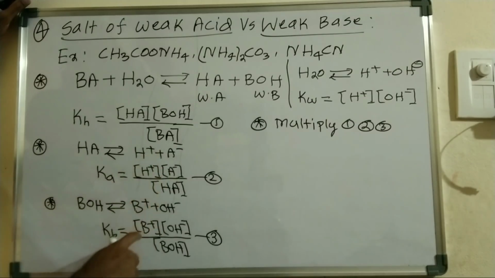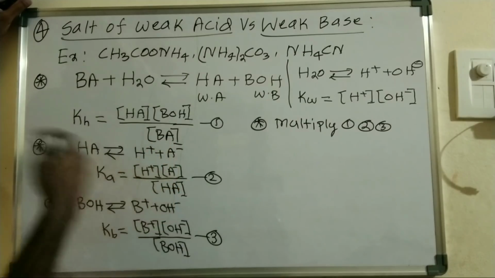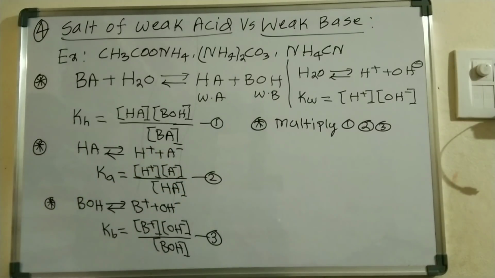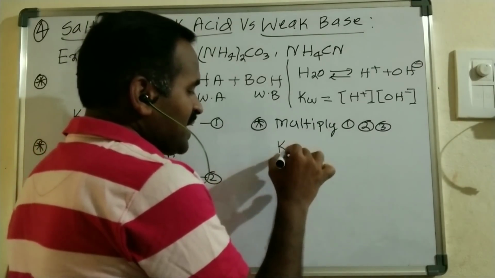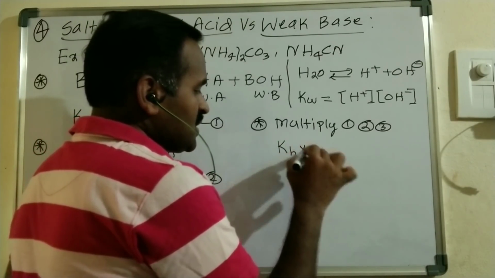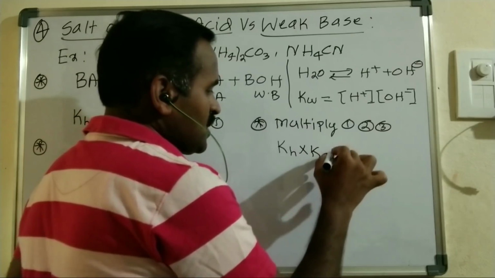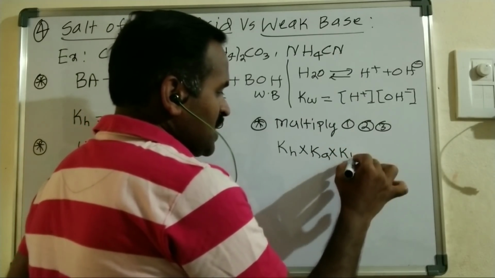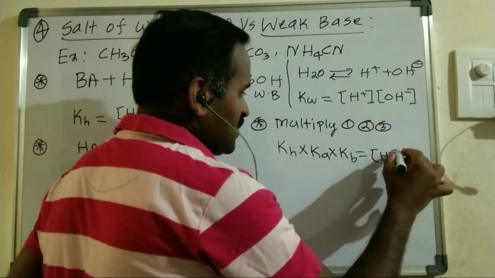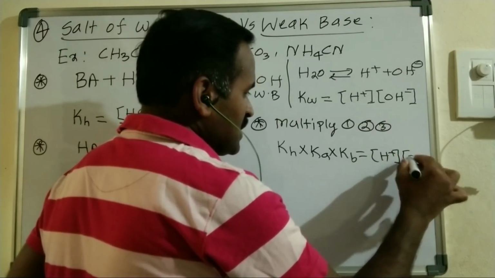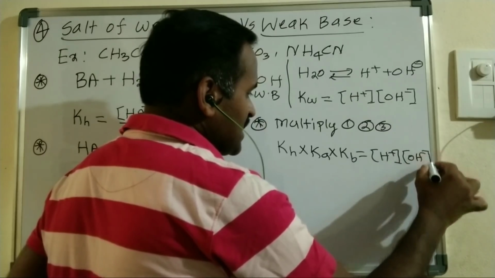So the B+ ion concentration and A minus ion concentration will get cancelled, and finally when we multiply Kh into Ka into Kb, we get only the H+ ion concentration into the OH minus ion concentration.